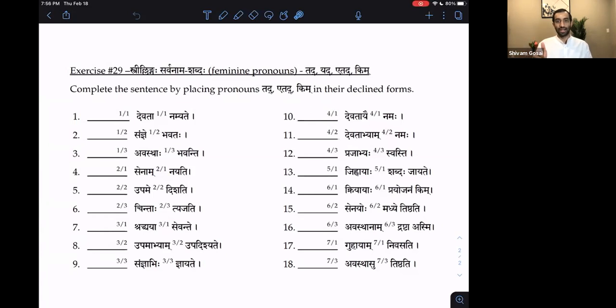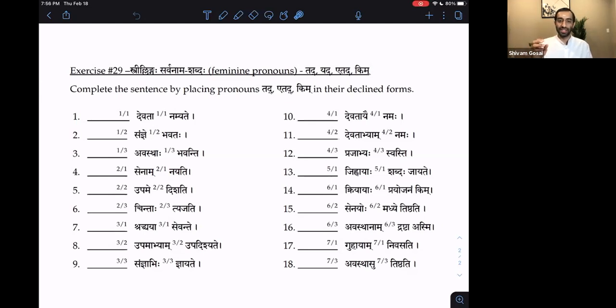This is lat lakaraha, kartri prayoga, prathama purusha, ekavachana. Okay, so someone teaches. Now we don't know who, right? So we can give a guruhu. Guruhu dishyati. The guru teaches. That's not there, but we need to supply a 1-1.